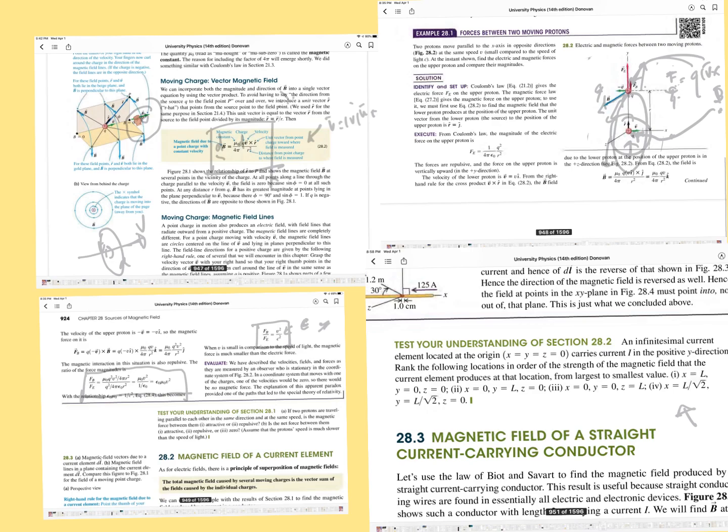Which particle? This one or this one? Let me see. No, this one. If this one is moving with a big velocity near c, then the electrical field and the magnetic field that this particle feels will be similar, only in this case.